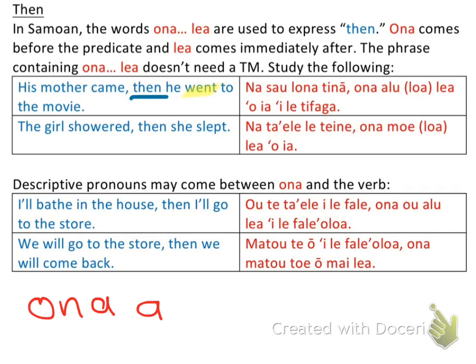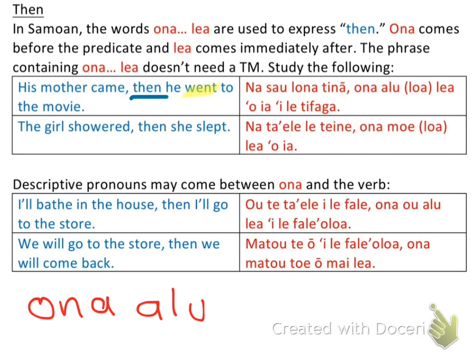And so the way that I would say went or go for a single person, we're talking about he going, is alu, okay? And again, you're going to be tempted to put sa alu right here, but you don't need to do that. Remember how I said in that part of the sentence you don't need a tense marker.